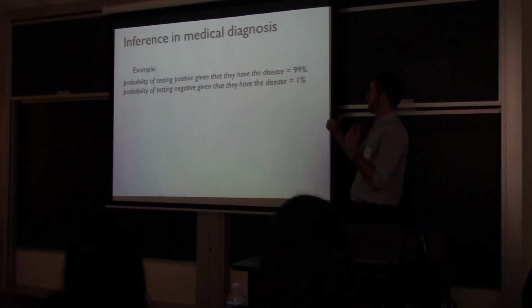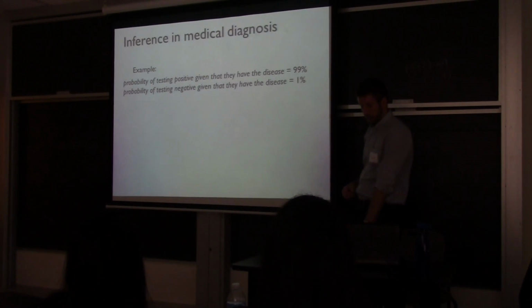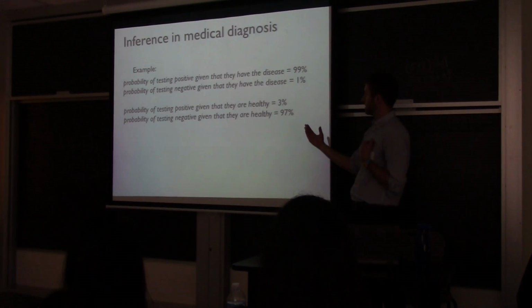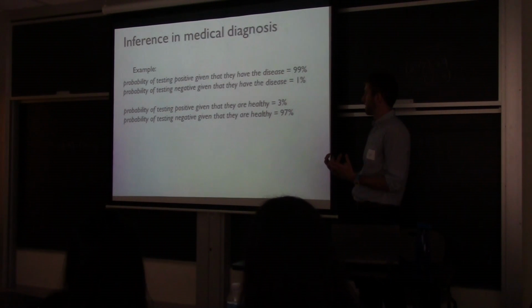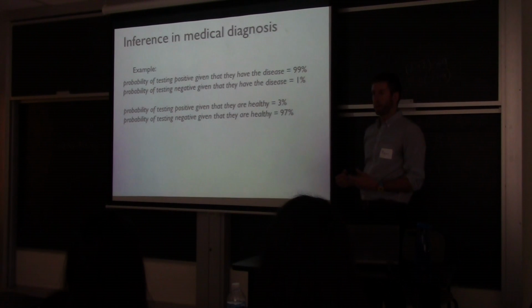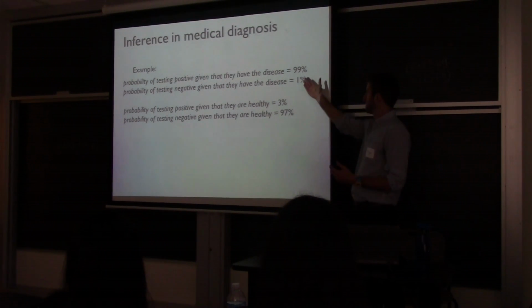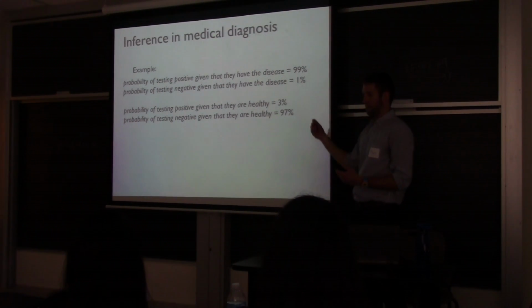That is a false negative. On the other hand, if you're healthy, this test gives you a 3% false positive rate, which means you could test positive for the disease even though you're healthy. And the probability of testing negative when you're healthy, which is the right answer, is 97%. So overall, this test is pretty good. It seems to get the right answer most of the time.